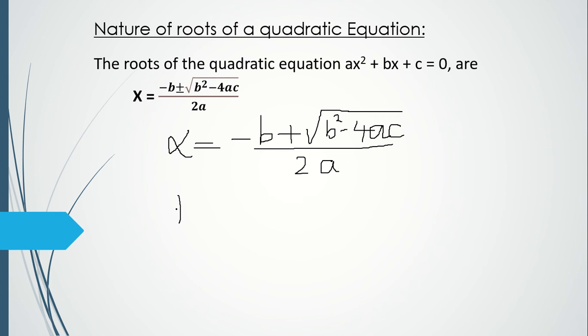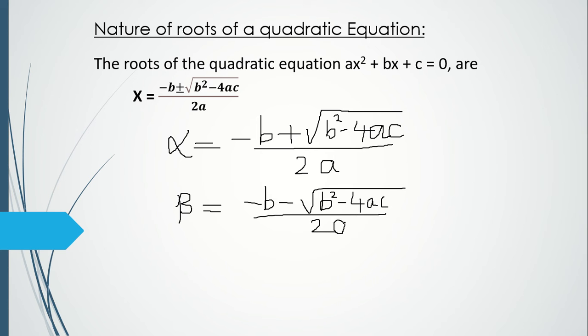So in the formula we get two roots of this quadratic equation, alpha and beta. One has the positive sign, the other one has the negative sign: minus b minus root b square minus 4ac upon 2a.